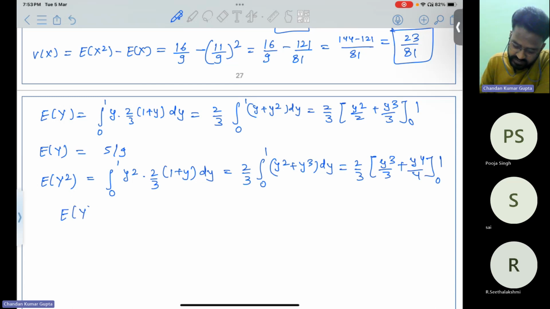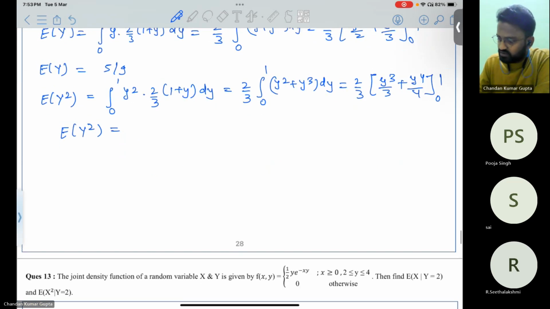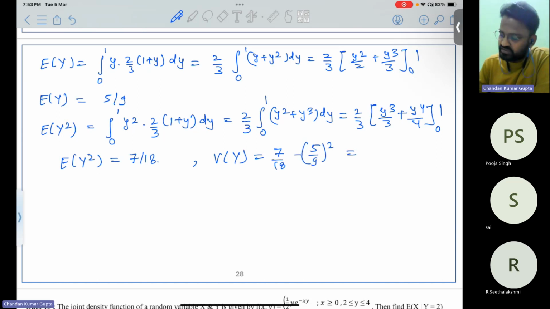After solving this, you will get expected value of y square as, not 5 by 9, it's 7 upon 18. And then variance of y is calculated as 7 upon 18 minus 5 by 9 square, and it comes out to be 13 upon 162 after solving this.